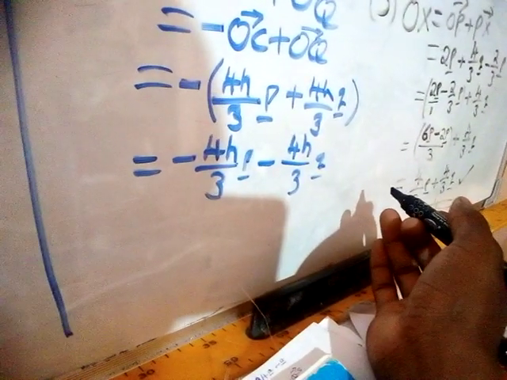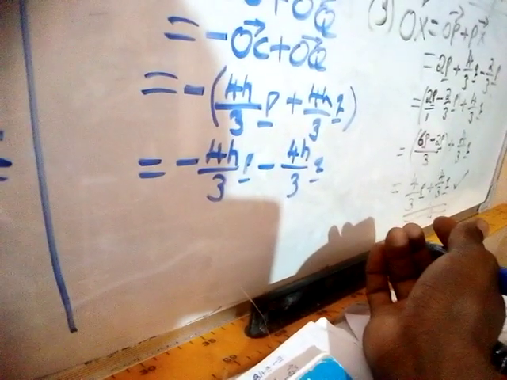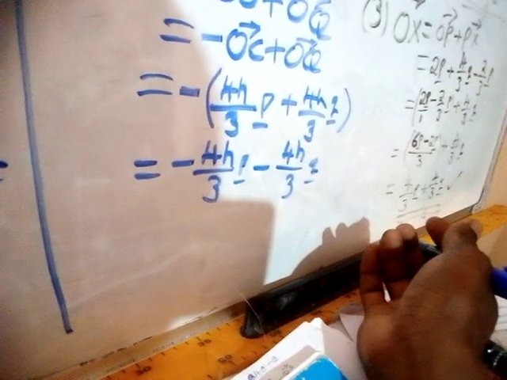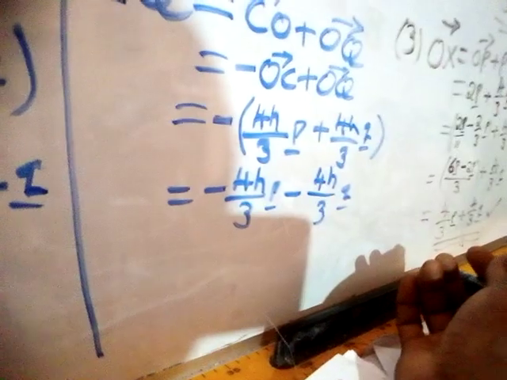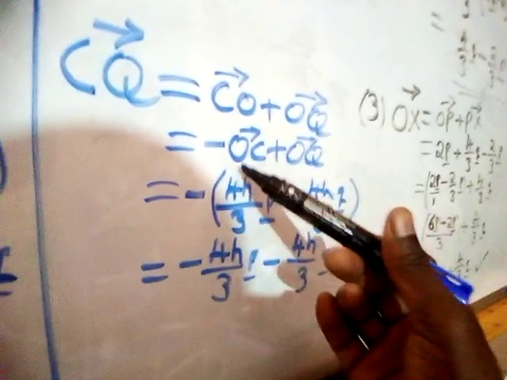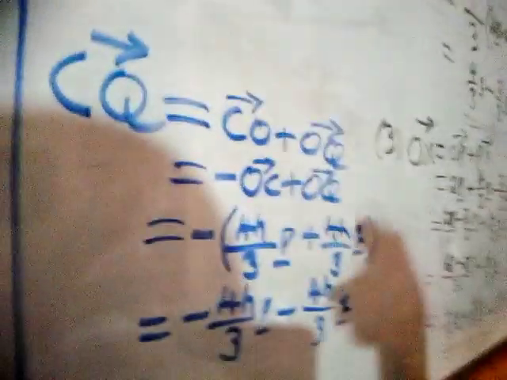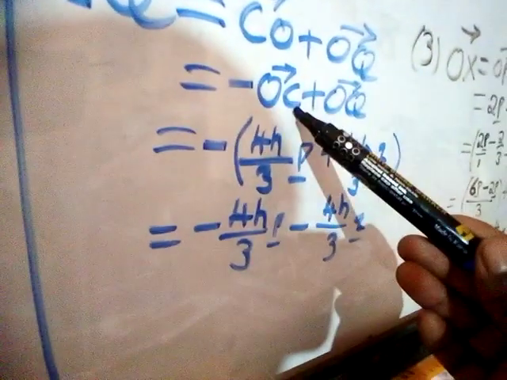At this particular point in time, we are going to substitute. But we also know that this vector here is actually negative vector OC.